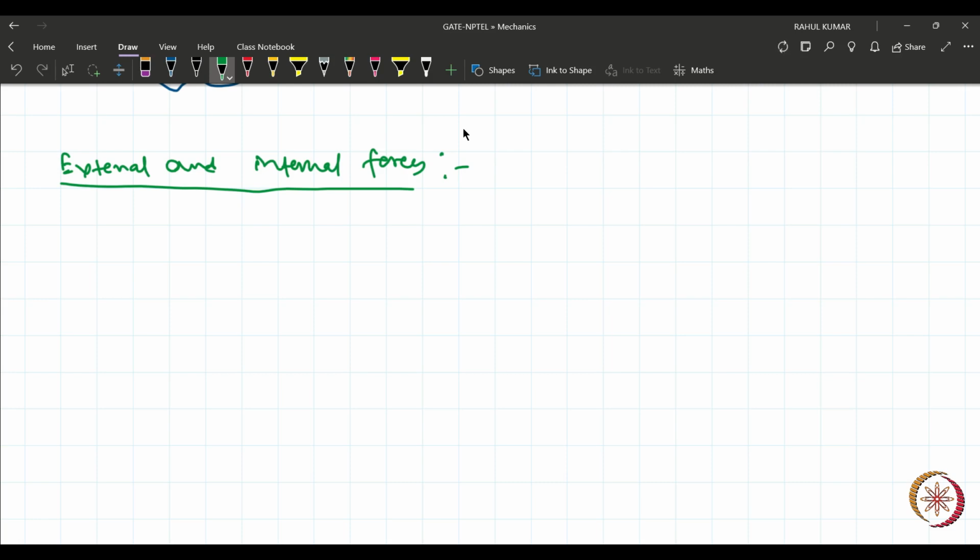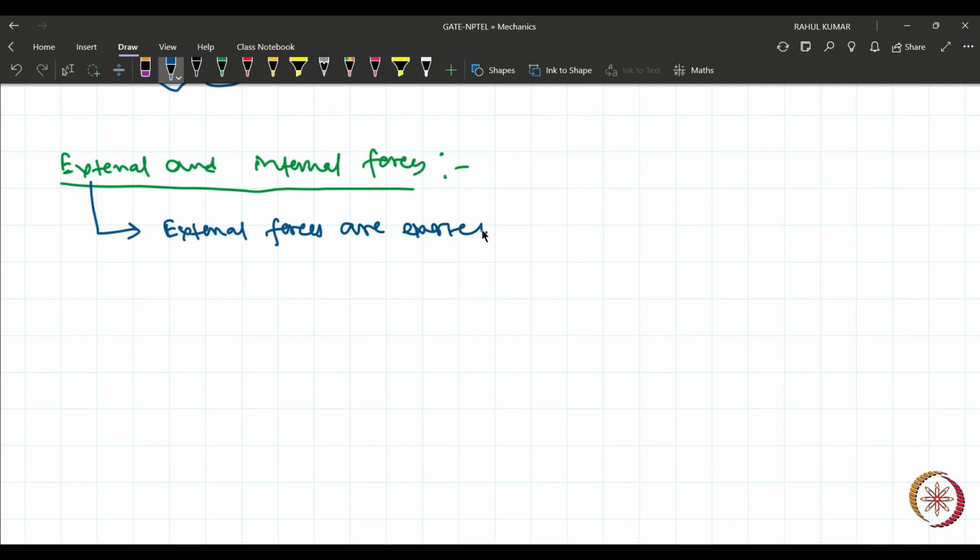The forces that produce motion are external forces, whereas the forces which are acting inside the body are called internal forces. Yeah, you're correct.